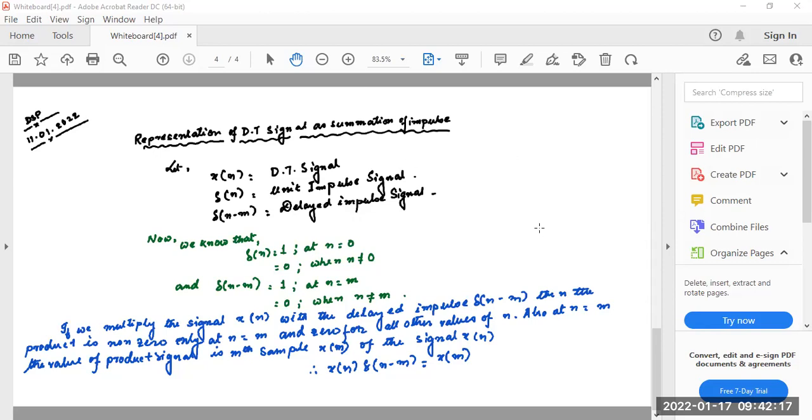Understand? If I multiply something by 1, that will give us the same value. So at n equals 1, what is the value of x of n? That will be highlighted. So the product signal is the mth sample x of m of the signal x of n. Clear? Yes, sir. Okay.